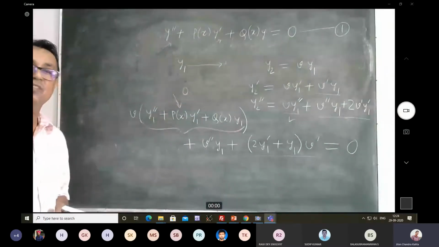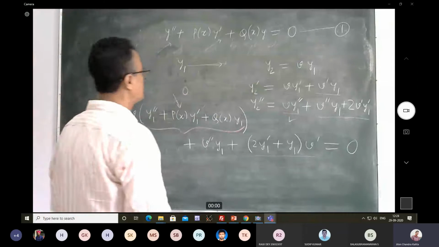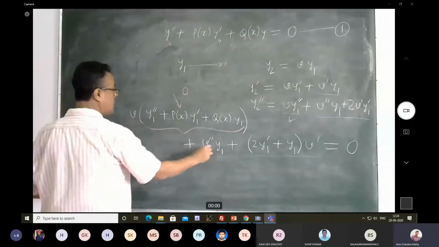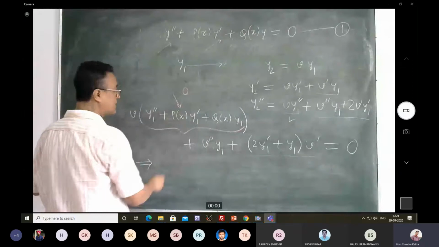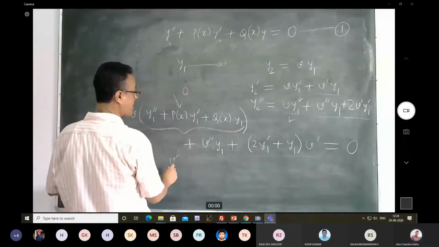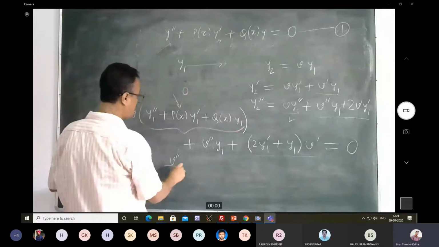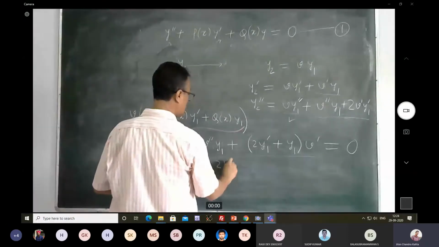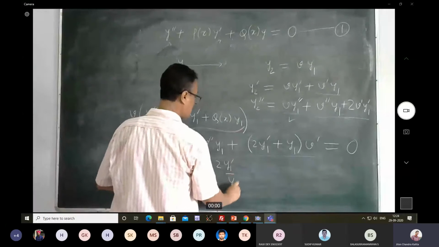From here, I can simply write it as v double prime by v prime equal to minus 2 y1 prime by y1.